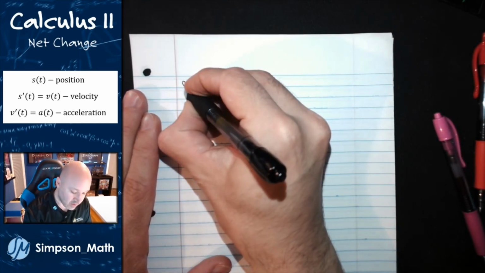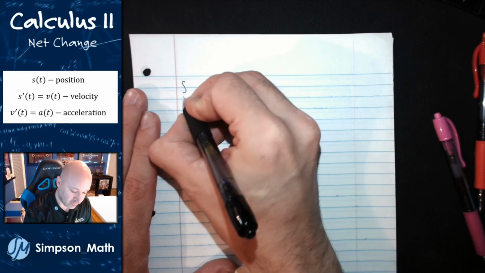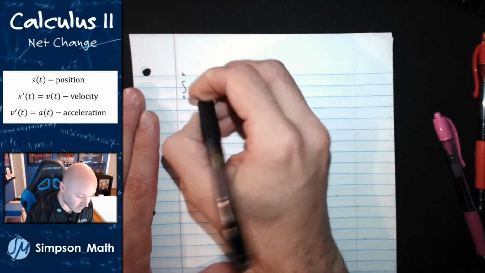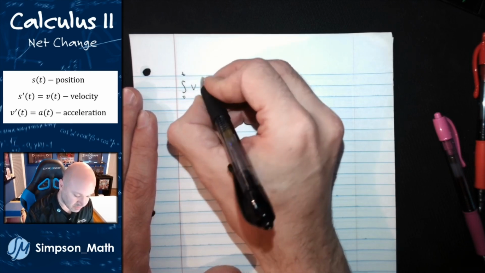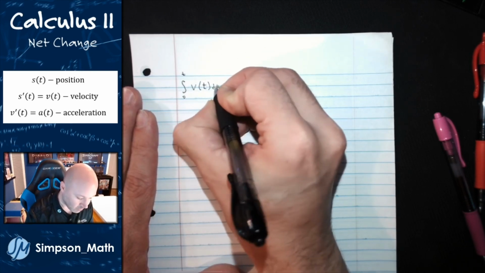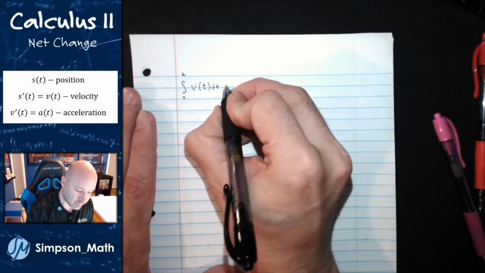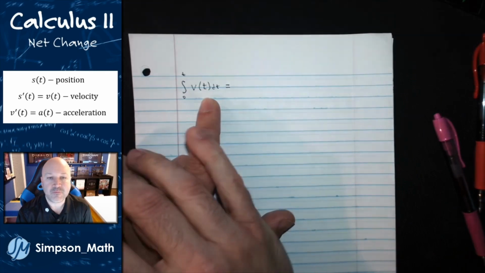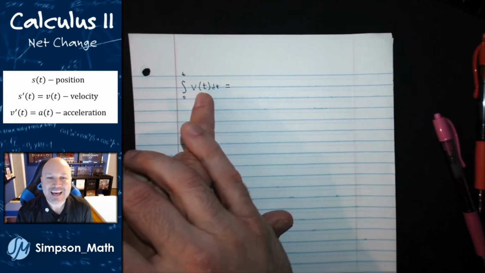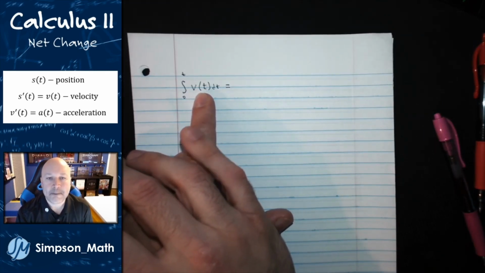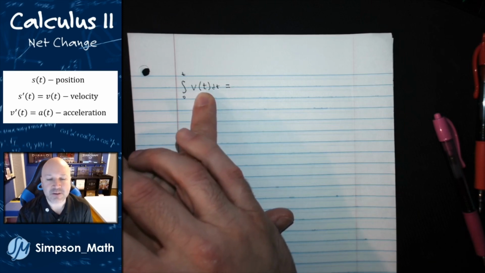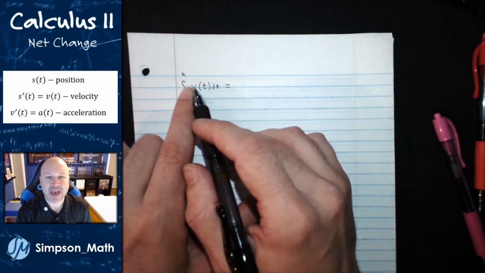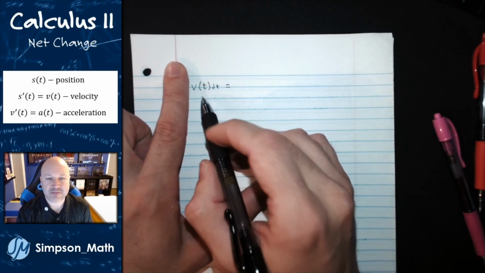If I have some integral from 0 to t of some velocity function, then let's see, that integral from 0 to t of v of t. V of t, I'm trying to think of it this time as an antiderivative.